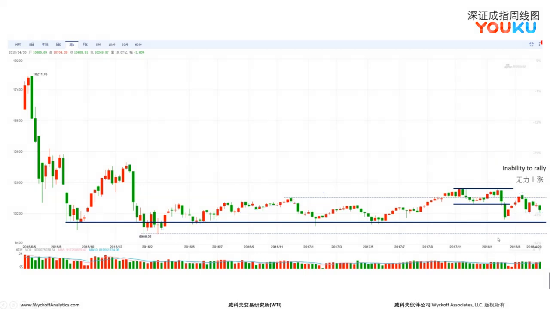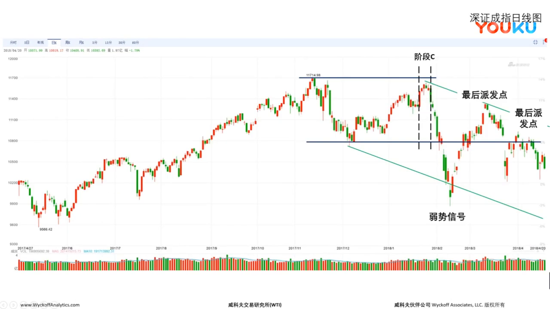All right, well, let's look at the daily. The daily looks somewhat similar, but there is still a different structure that we can observe. We are looking at the climactic run, automatic reaction, secondary test, phase A, a sign of weakness in phase B, and then the upthrust attempt, which fails on a lower high, so we would label it as LPSY.